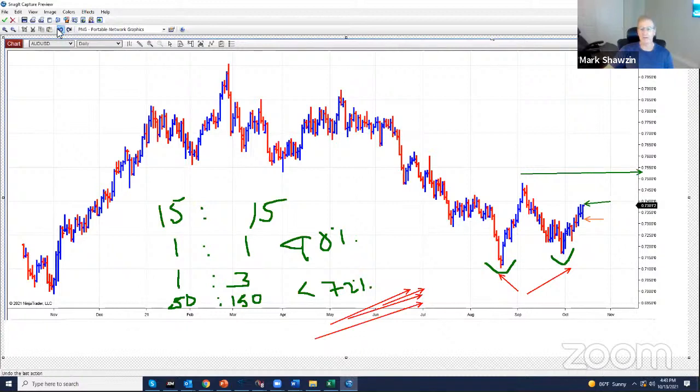Obviously, if I take out 150 pips tomorrow, I'd be happy about it. But that's how I set up my trade. And then you don't have to watch it. It's really a set and forget. You put your buy stop in there, put your stop loss there, and your take profit. And now you go about the rest of your day. Anybody have any questions on that?